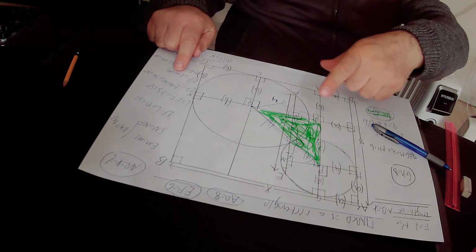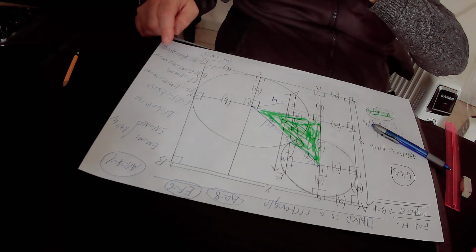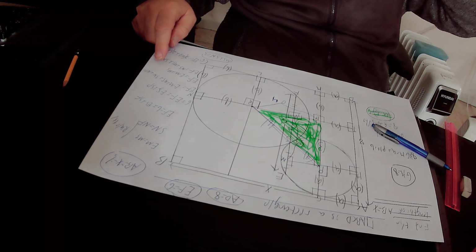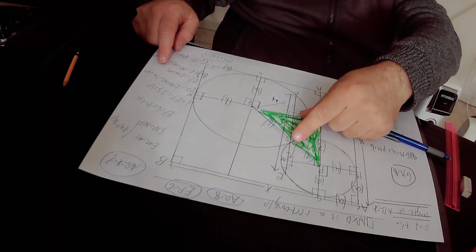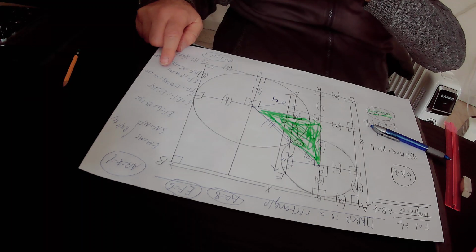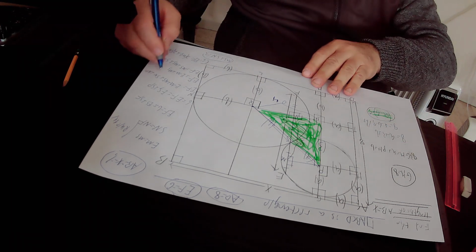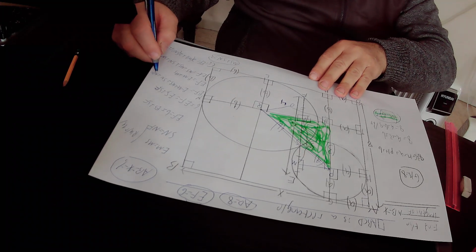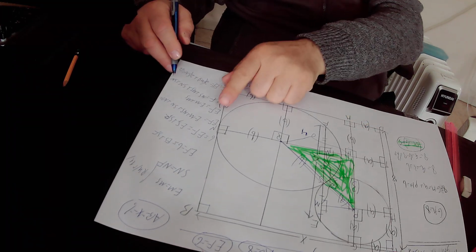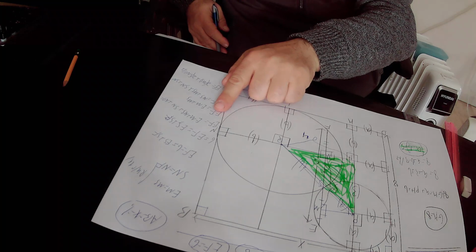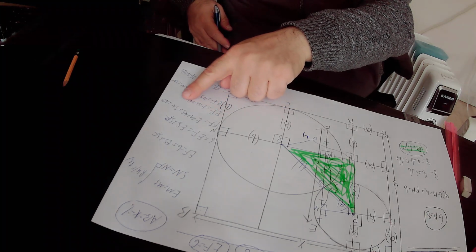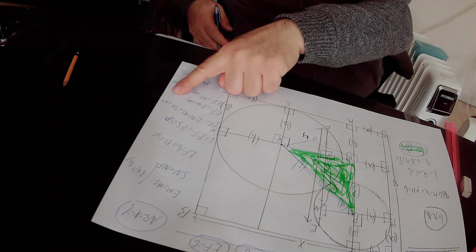So we substitute SF by SN plus NF. So we can find out that EF equals EM plus MS plus SN plus NF.